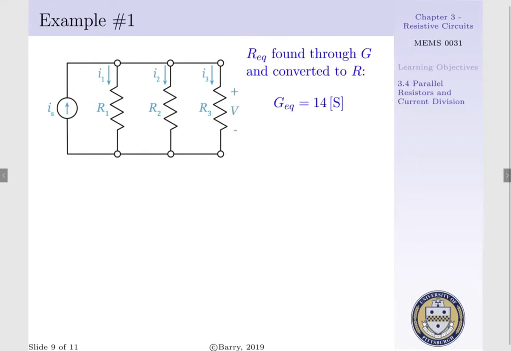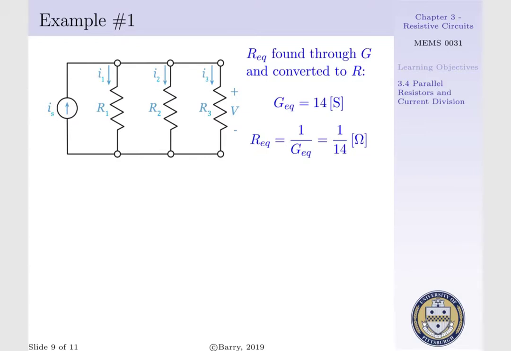That is, our equivalent conductance would be equal to the conductance of resistor 1 plus the conductance of resistor 2 plus the conductance of resistor 3. Or equivalent conductance is 14 Siemens, as was the term in our denominator when we solved for I1, I2, and I3. Therefore, our resistance is just 1 over our conductance. That is, our equivalent resistance is 1 over equivalent conductance, or 1 per 14 ohms.